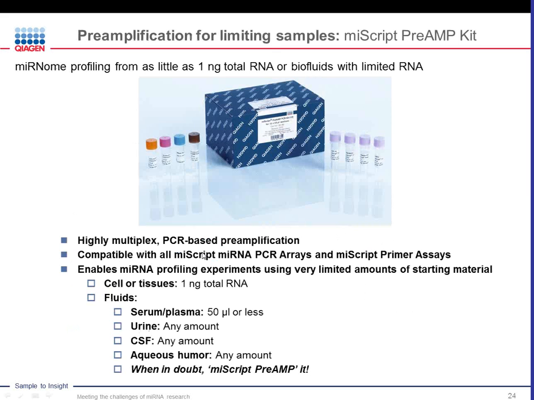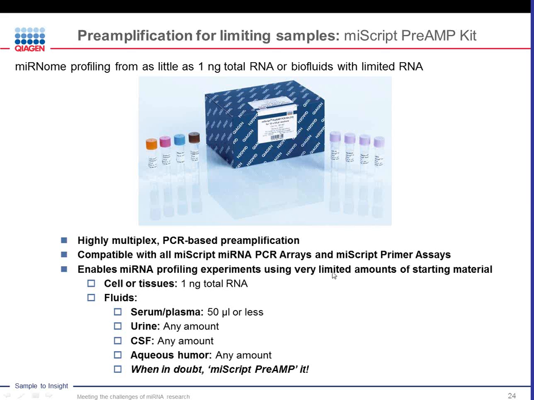For preamplification, we'll spend a little more time discussing a few options of miScript. With this preamplification, you can perform micronome profiling from as little as 1 nanogram of total RNA or biofluids. This is a highly multiplexed PCR-based preamp. It is compatible with all miScript arrays and primer assays.